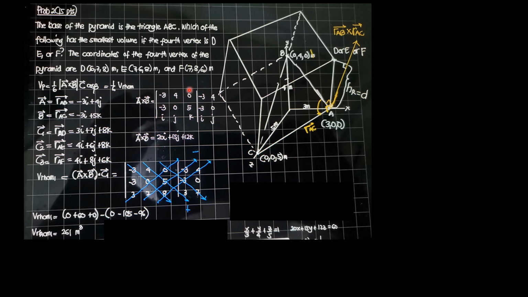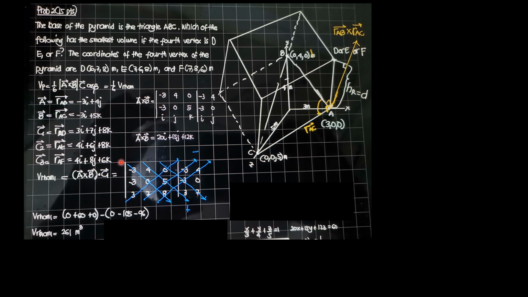Then for j, 0 times negative 3, 0j. Then minus 5 times negative 3, so minus negative 15j, so positive 15j. Then finally, negative 3 times 0, 0k, then minus quantity negative 3 times 4, so minus negative 12. So that's why we have positive 12k.